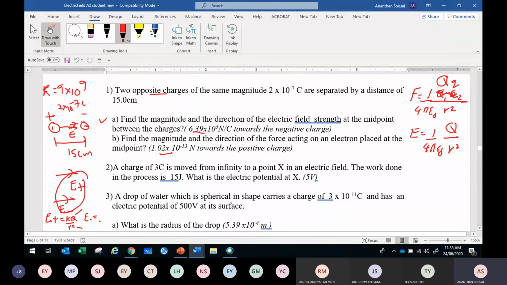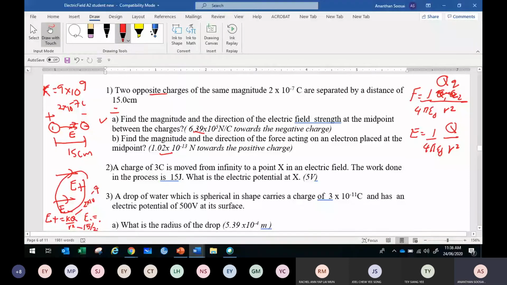Which Q do you use? Q of the positive charge, which is 2 times 10 power negative 7. Which R do you use? The charges are 15 centimeters separated, and we want the field at the midpoint. So 15 centimeters divided by 2 is your R. But because it's in centimeter, you have to convert to meter.